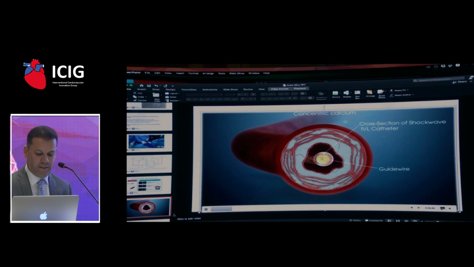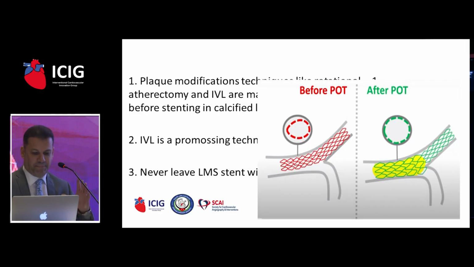And my last slide, sorry, the take-home message, is that plaque modification is all the time very important. Never put a stent in a calcified lesion before good lesion preparation, and if you have a large chunk of calcification, please do debulking.